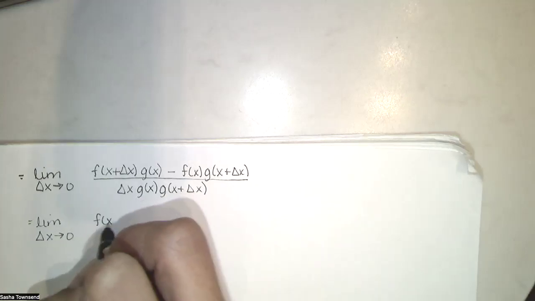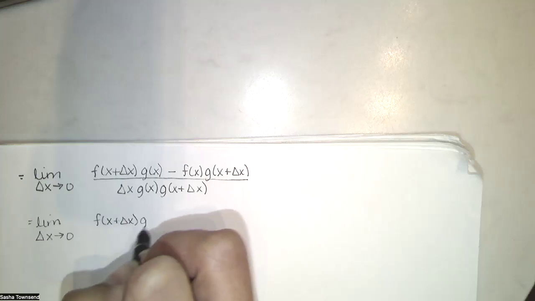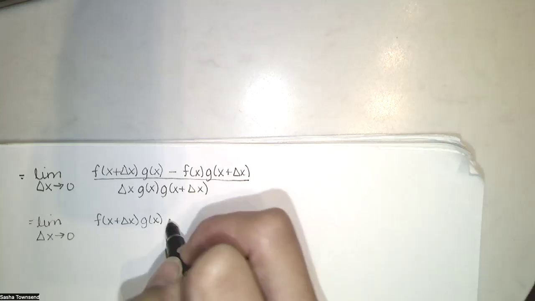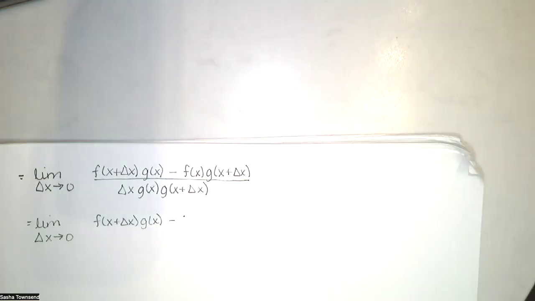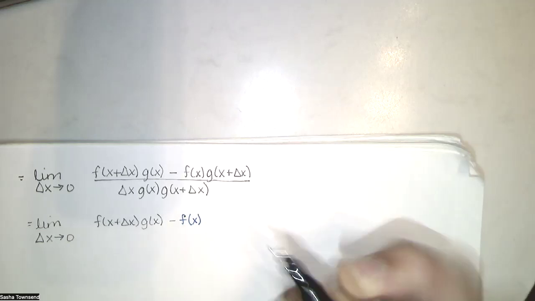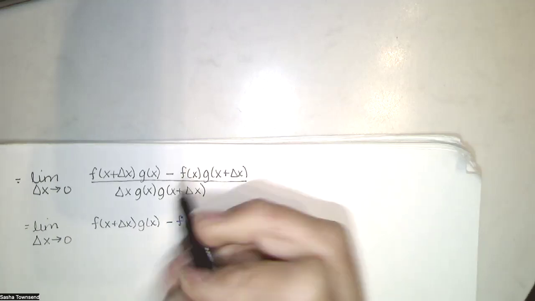I've got f of x plus delta x times g of x, and I want to subtract f of x from this. I can do that as long as I also add it. Sometimes it's called adding a well-chosen zero.